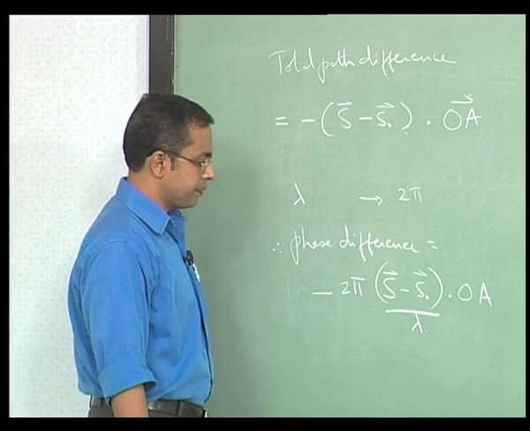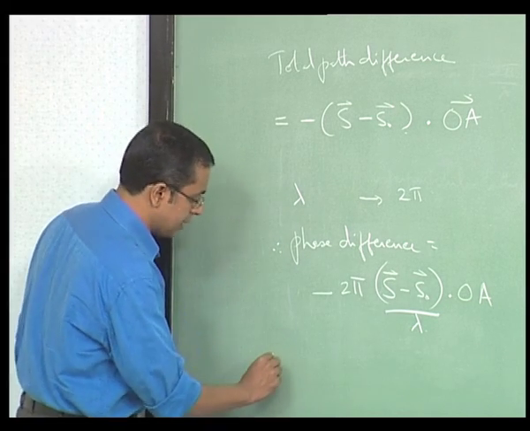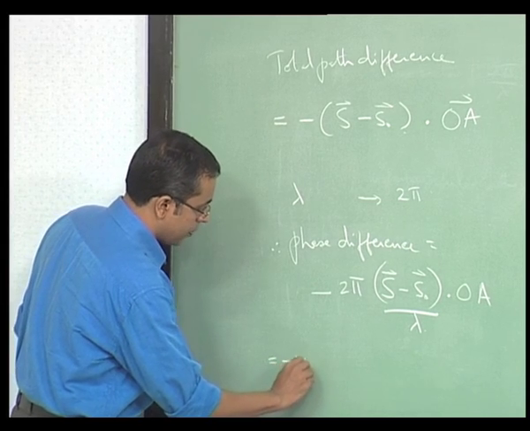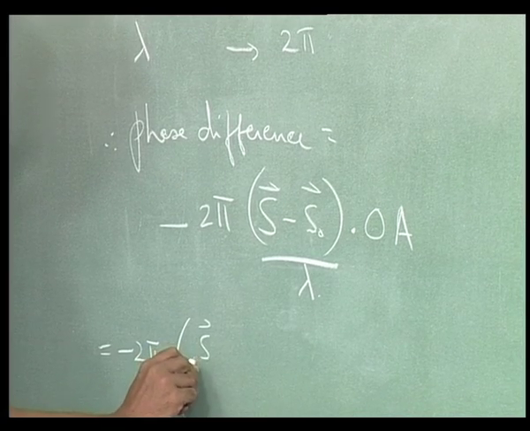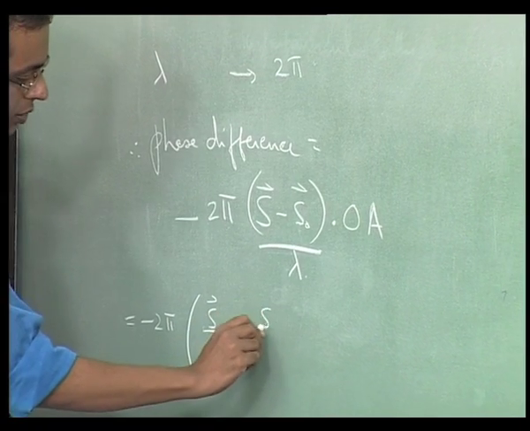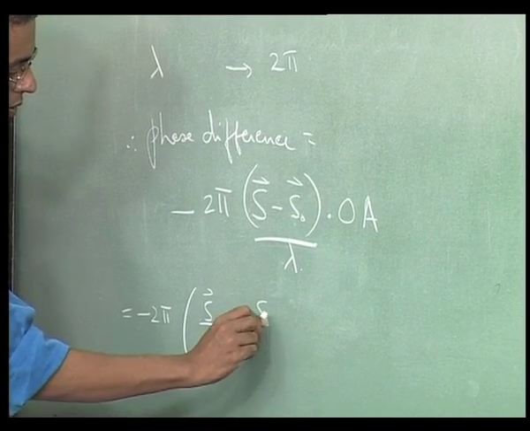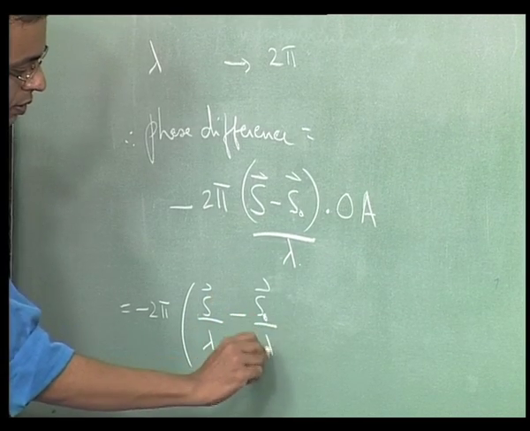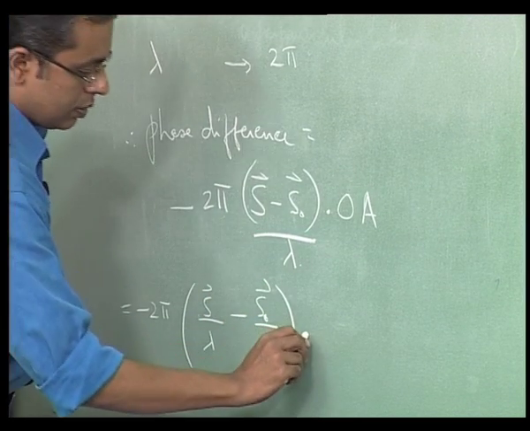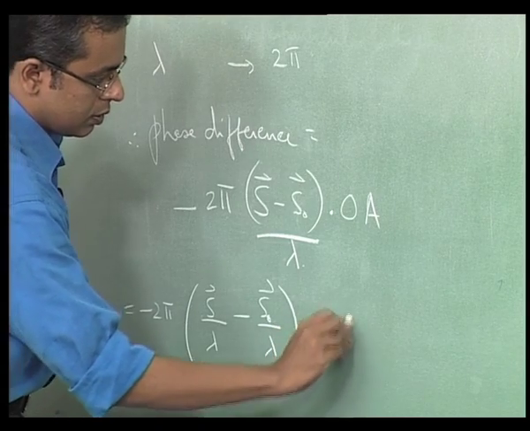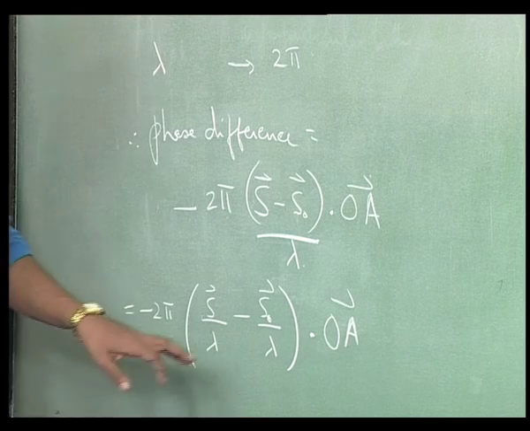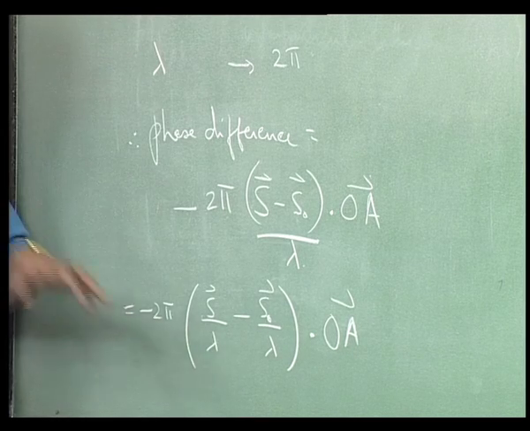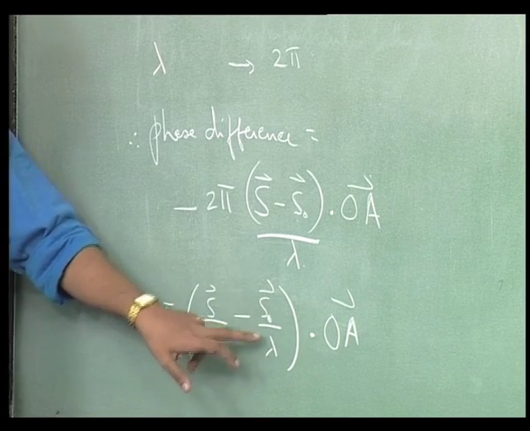So we can in fact write this more specifically as minus 2 pi, S bar by lambda minus S naught by lambda.